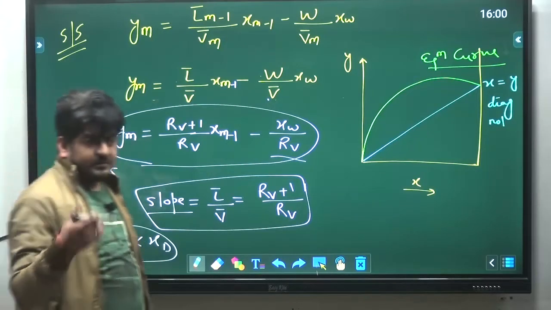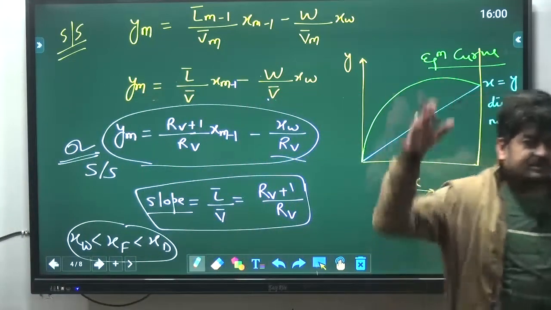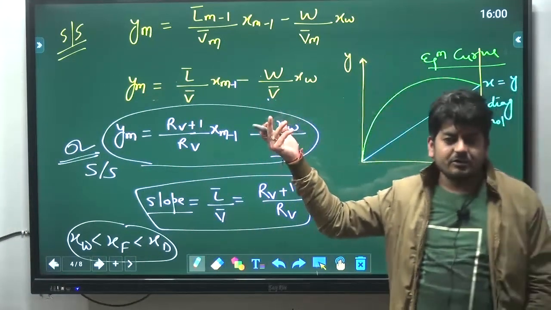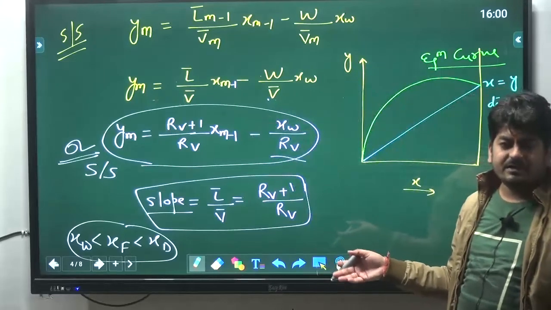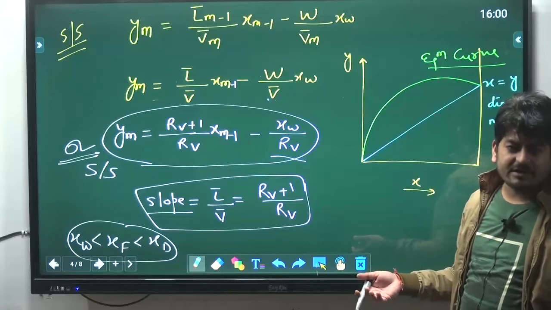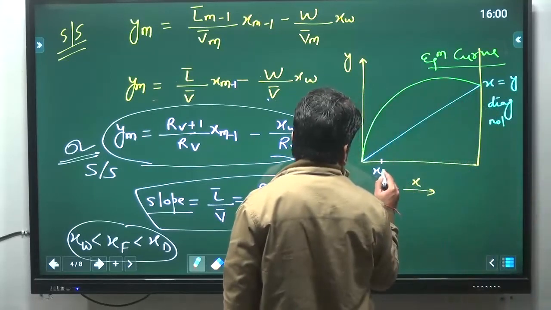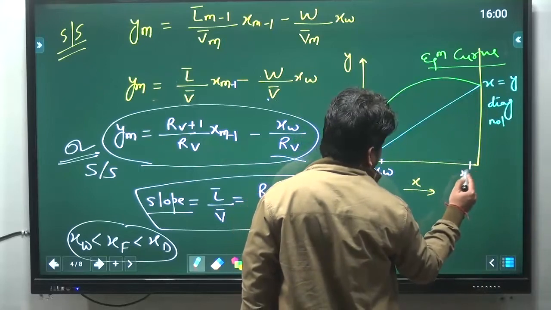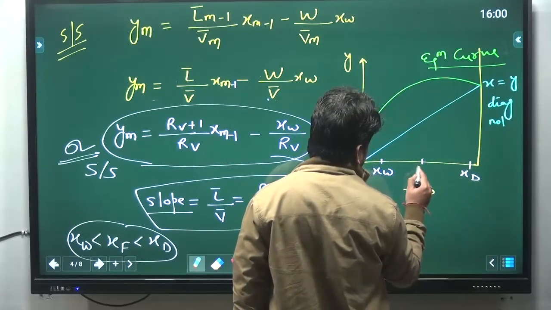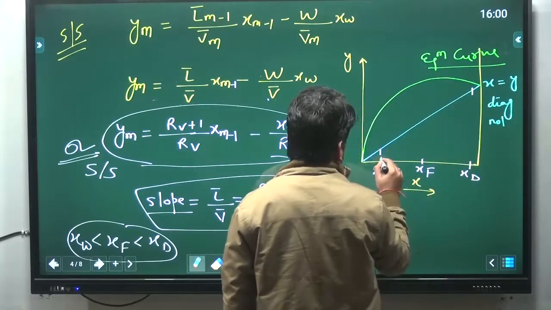These are the mole fractions of the more volatile component, because the distillate will be rich in more volatile component A, and the bottom product will be rich in less volatile component B. So you can locate XW, XD and XF.